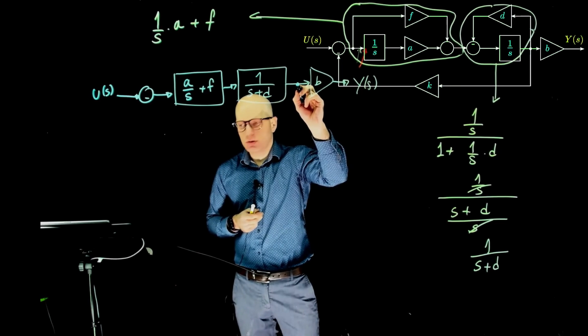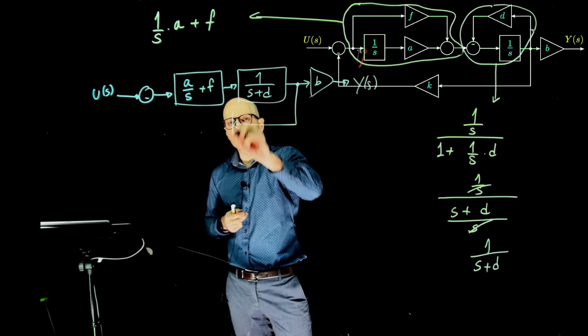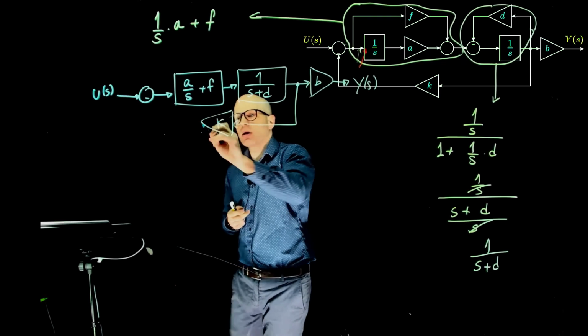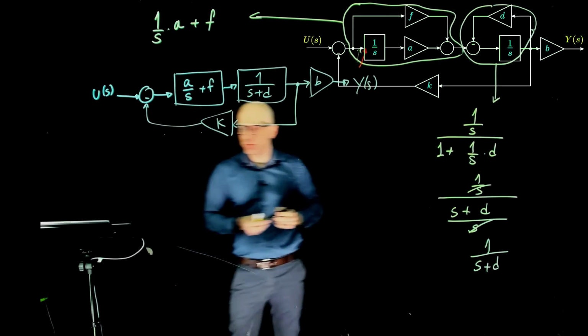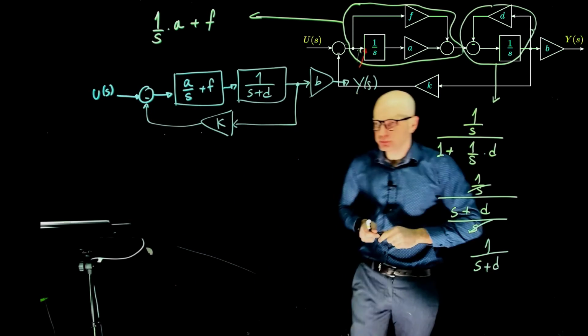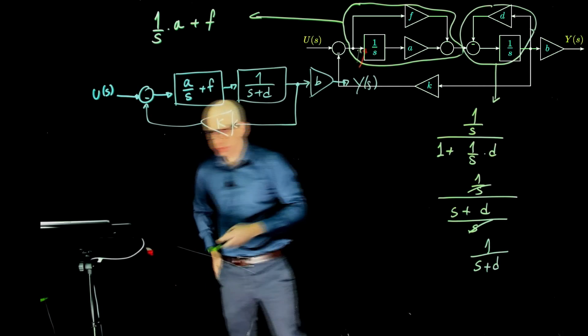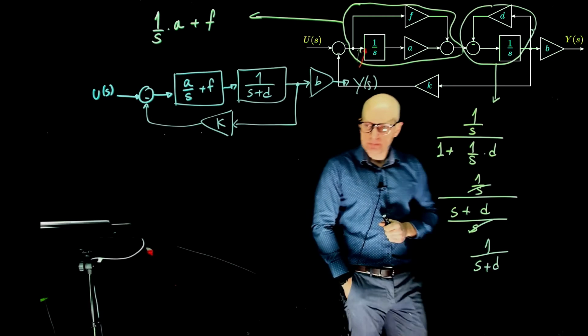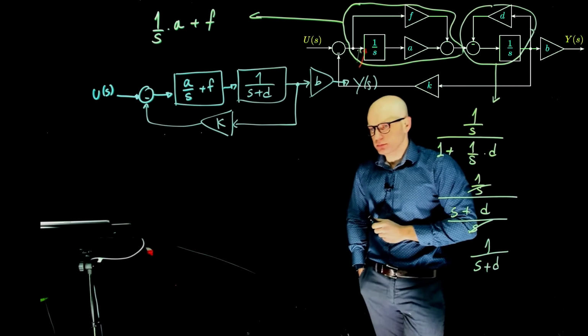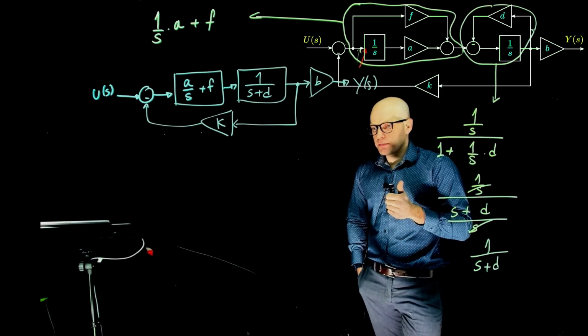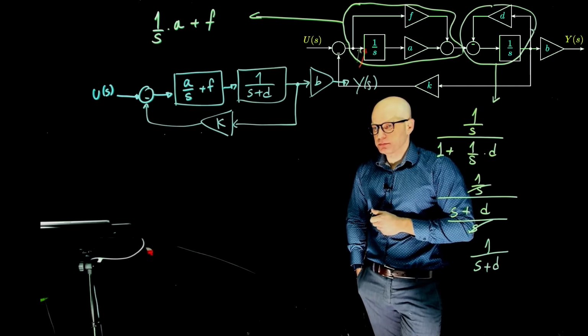And then we take the signal here, multiply, and it goes back with the feedback loop k. It's here. Any questions? No?